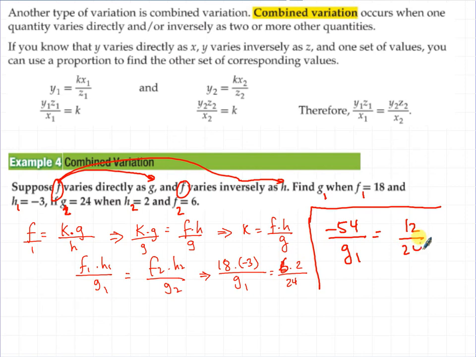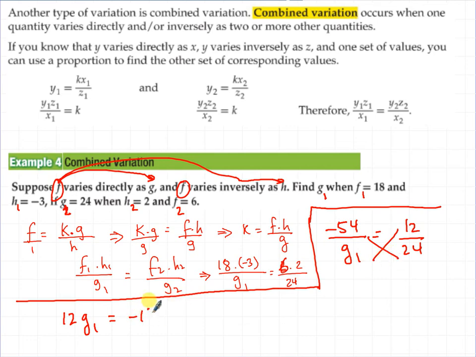So cross multiply. 12 g1 is equal to minus 54 times 24. This is minus 1296.